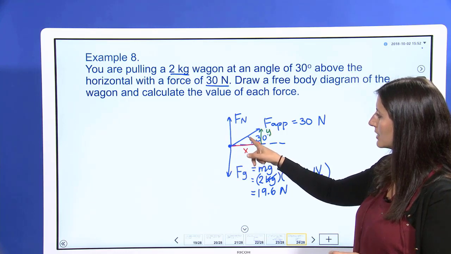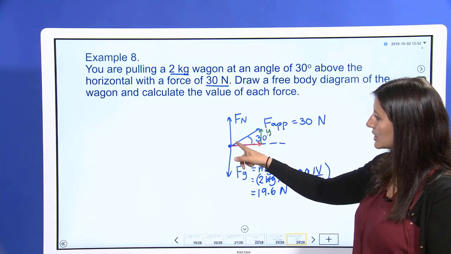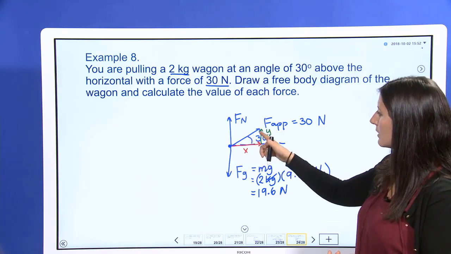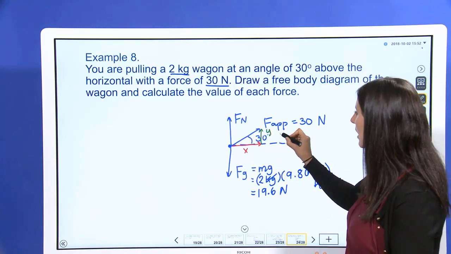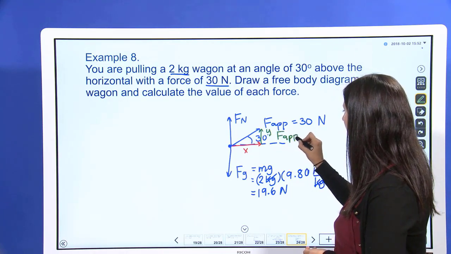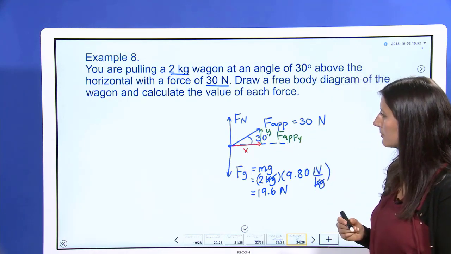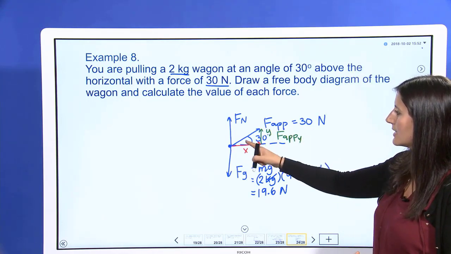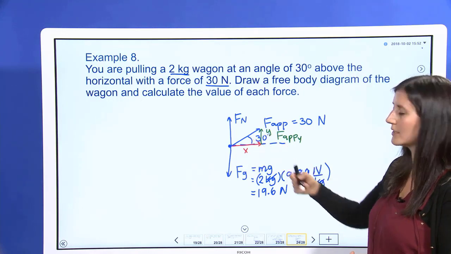My angle is 30 degrees, and my F applied, which is my hypotenuse, is 30 newtons. I'm looking for the y component. I'm going to call this F applied y. Okay, so it's the y component of my F applied. It's the opposite side of my 30 degrees.